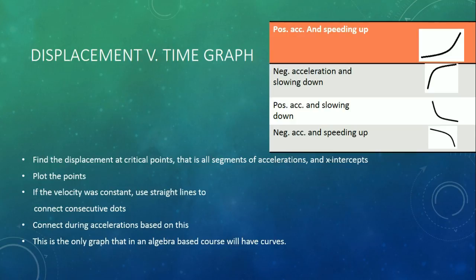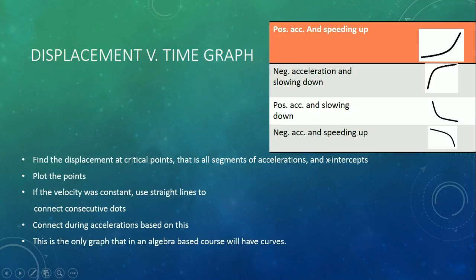Now, thinking about going backwards, positive or negative acceleration, positive acceleration but moving, slowing down in the negative direction, so it's going down, but it's slowing down, so it's not moving as fast, so it's not going to be moving as steep, so it's like the flip side of the one right above it.